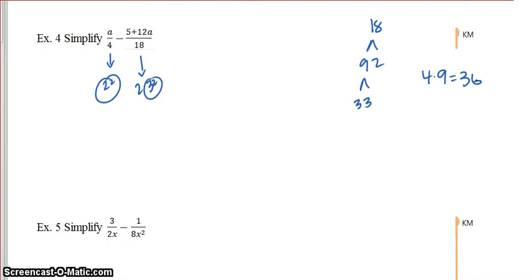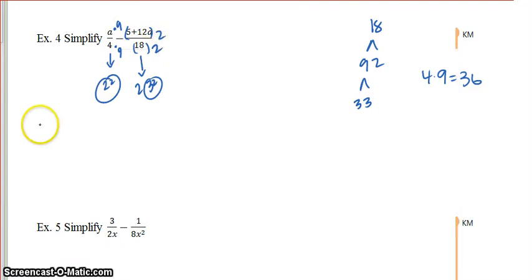Okay, so we need both of them to be 36. So I'm going to multiply this first one by 9, because 4 times 9 is 36. So I'm going to multiply the top and the bottom by 9. Well, the second one, I need to multiply the top and the bottom by 2 to get 36.